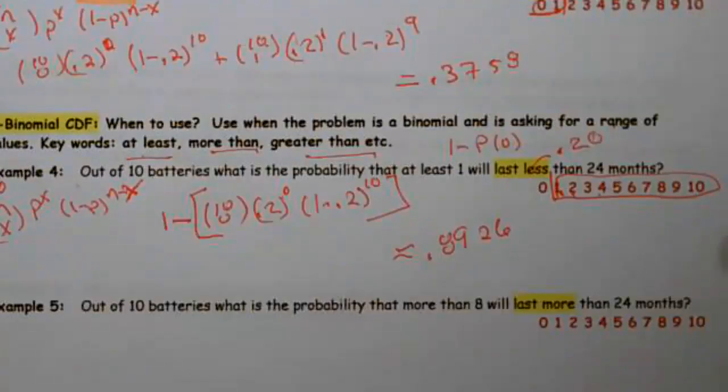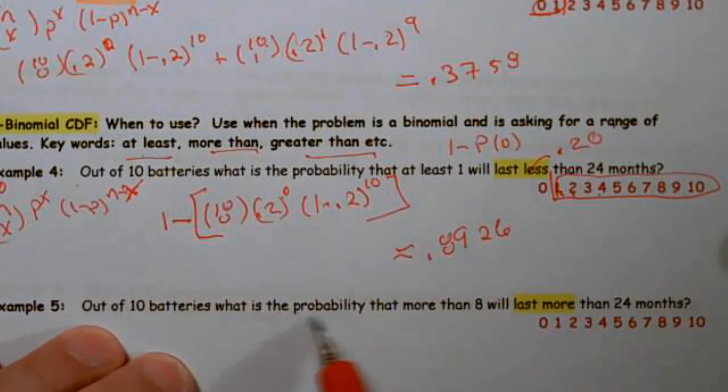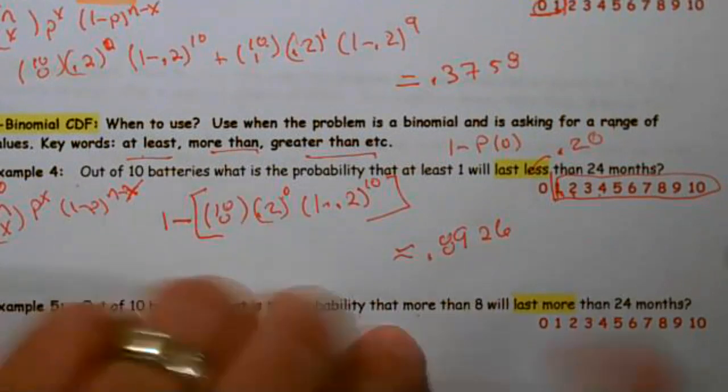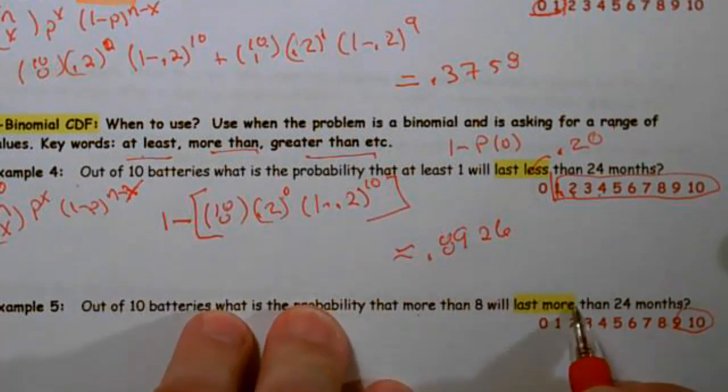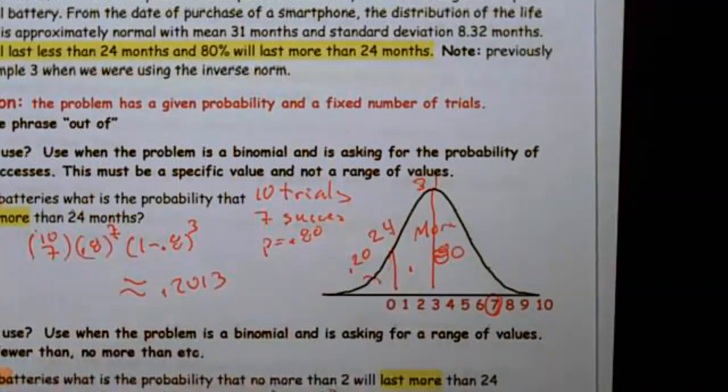All right, so we're moving to the last one of the binomials, and it says out of 10 batteries, so out of, there's that phrase again, what's the probability that more than 8, so more than 8 means not including 8, that's going to be 9 and 10, will last more than 24 months. Well, we said the more than 24 months was the 80% value.